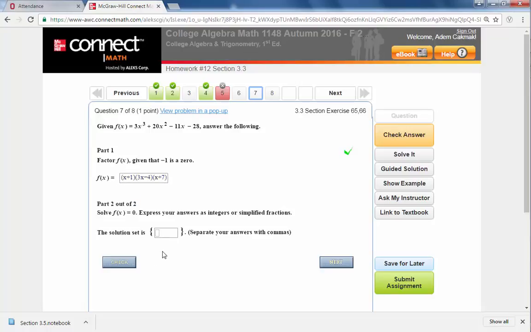There you go. Now they're asking for numbers that make this polynomial 0. Look, it says solve, set the entire f of x into 0. This is your f of x. I will set it into 0, and they say solve it. That's part 2.